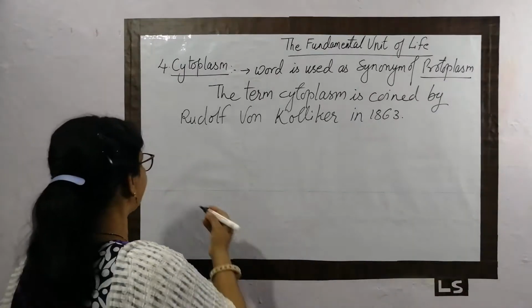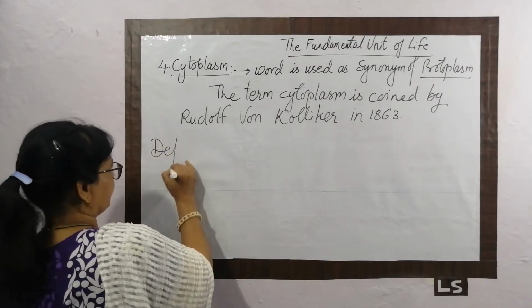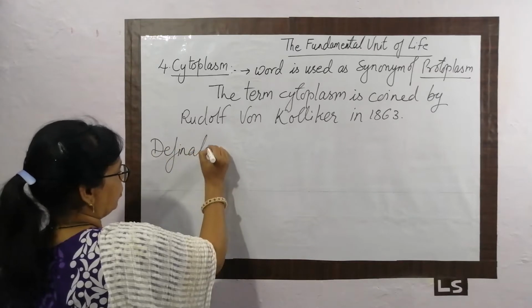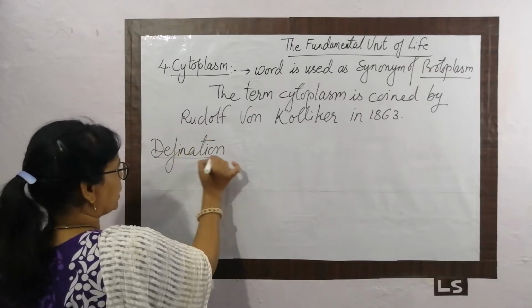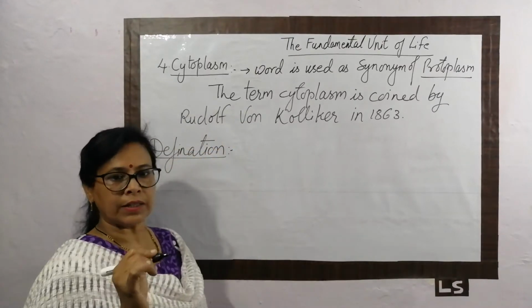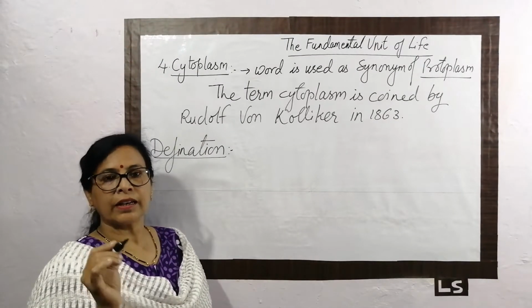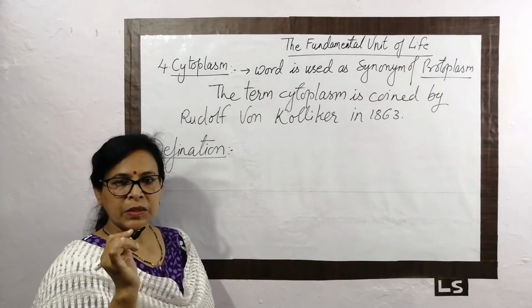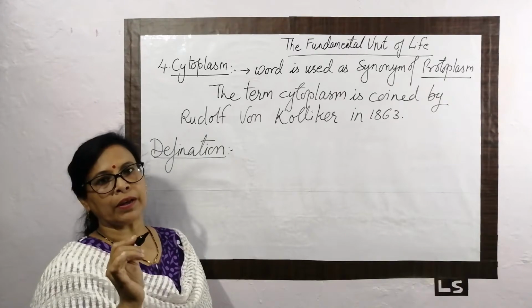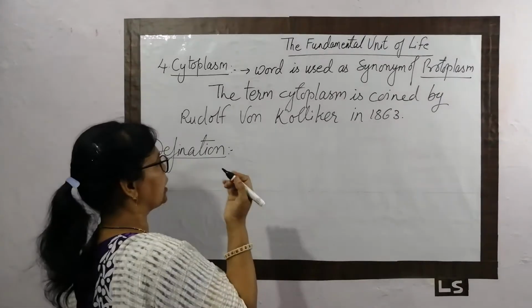Now, how do we define the cytoplasm? A proper definition for cytoplasm. We know very well the cytoplasm is a fluid content and it is present between the nuclear membrane and plasma membrane. What is cytoplasm?